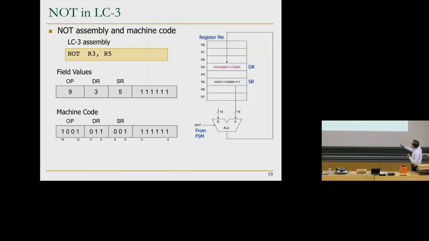And the destination register is specified to be the destination register ID. And these bits don't matter for NOT. You don't interpret them when you're decoding NOT because they don't mean anything for NOT. What happens in the machine is you take the source register, do the bitwise complement, and write the result back into the register file. That's it. And if you have read the Patt and Patel book, you will see this exact figure from over there.